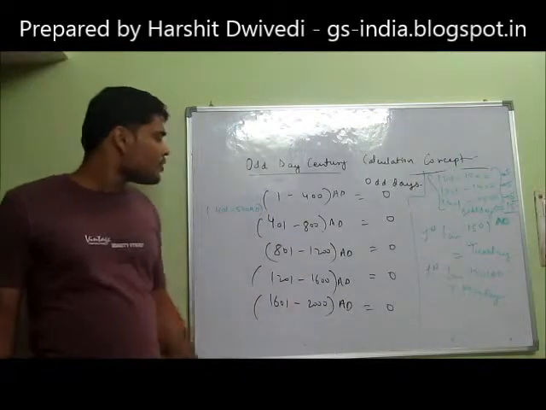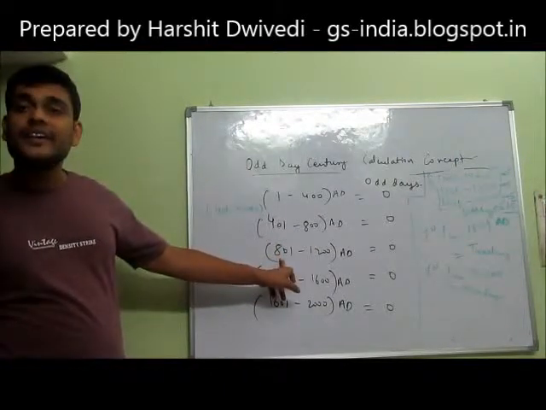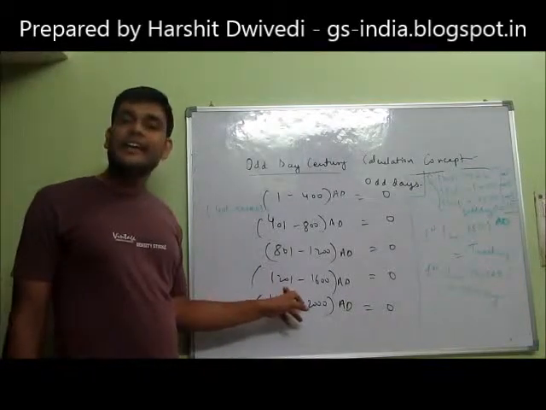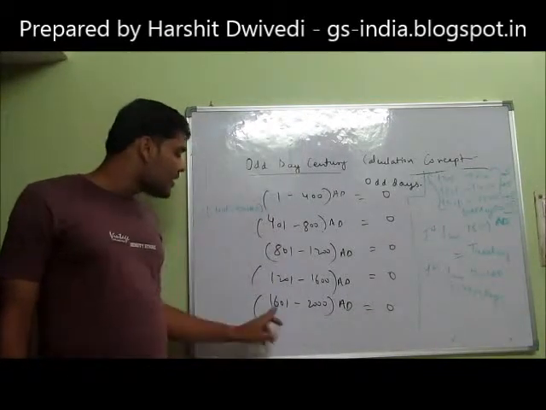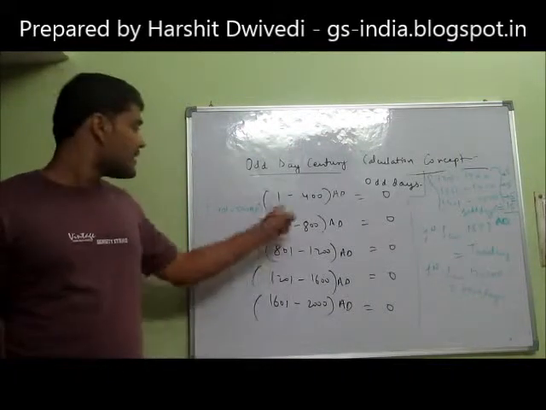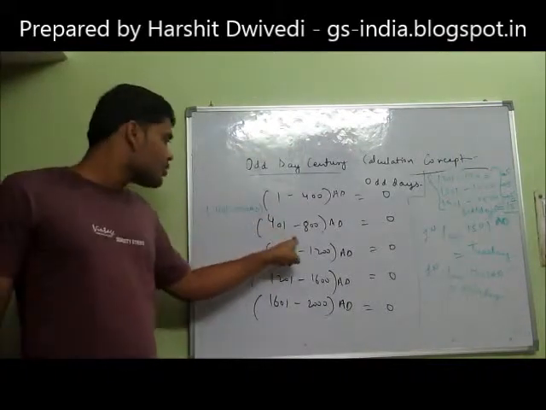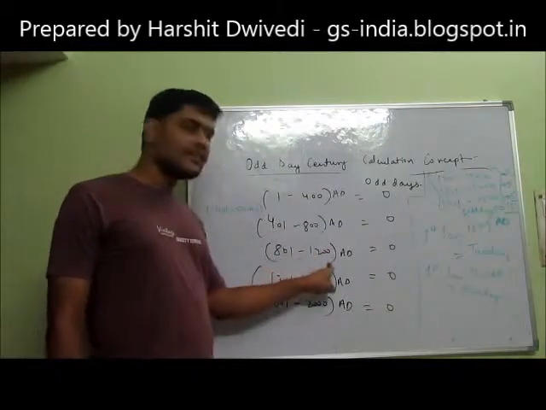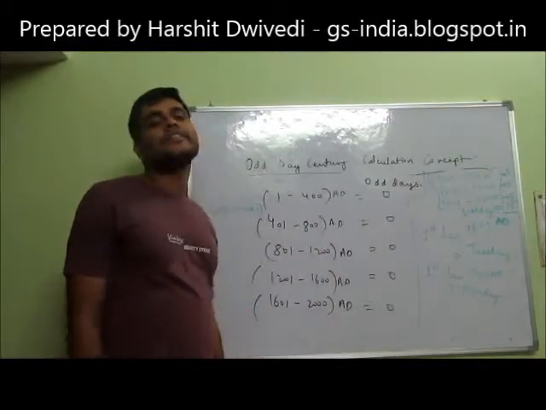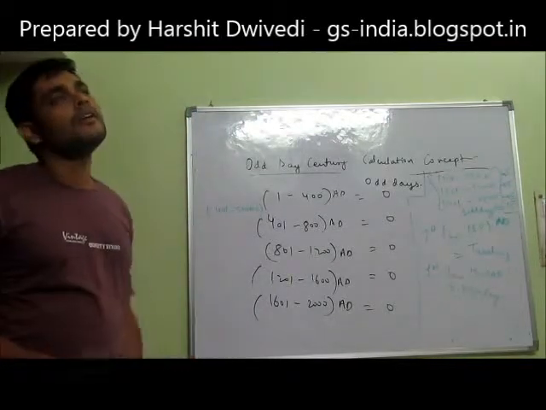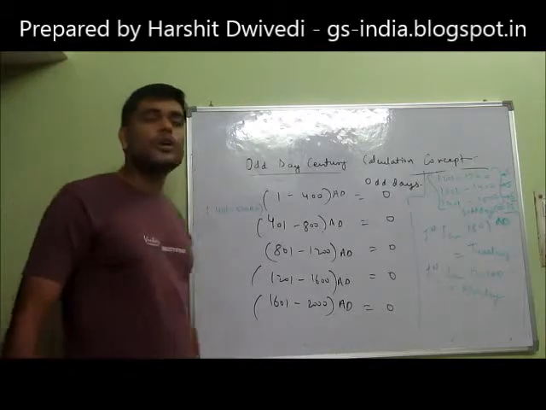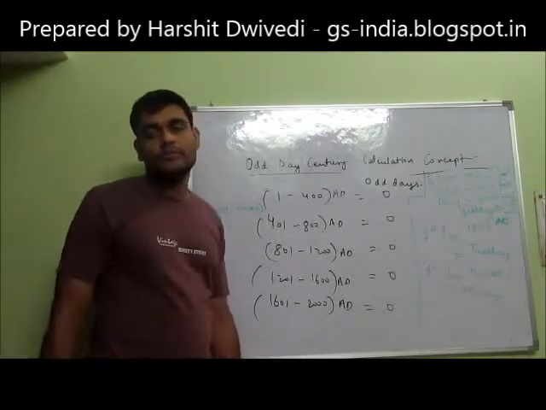That day will also be held on 1st January 901 AD, on 1st January 1301 AD, and on 1st January 1701 AD. So 101 corresponds to 501, to 901, to 1301, to 1701. This is slightly difficult to understand, but once you get a hold of this, it will be very easy for you.